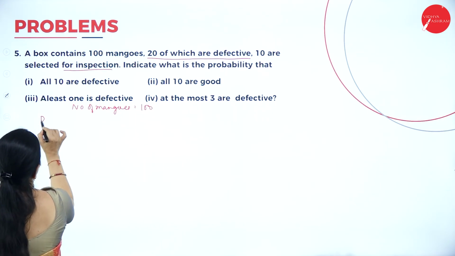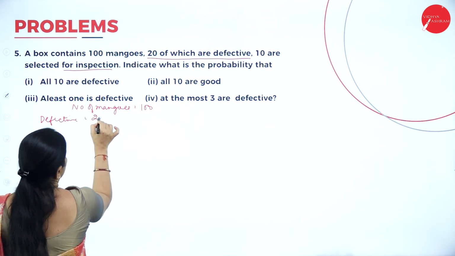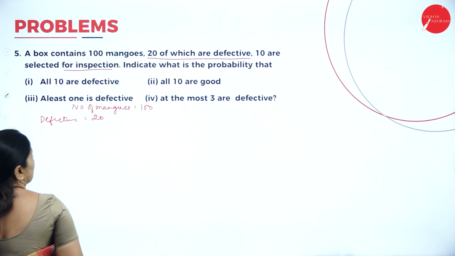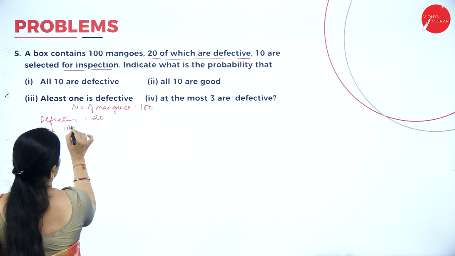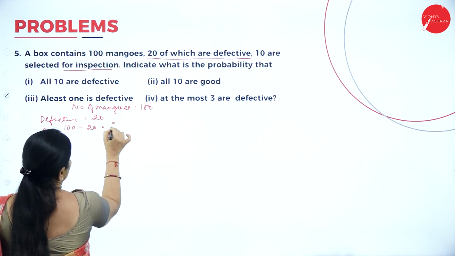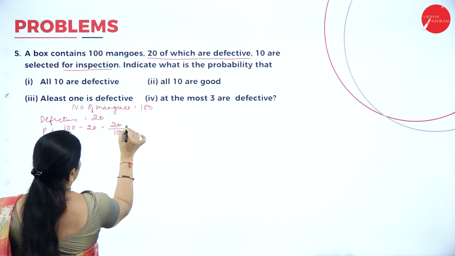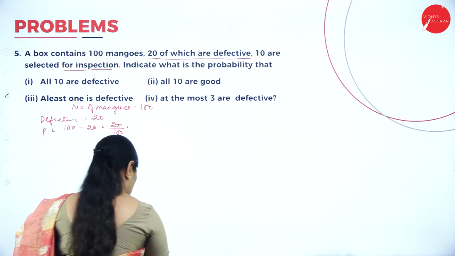Defective pieces, how many are defective? 20. So what will be p here? Out of 100, 20 are defective. So 20 divided by 100, that will be equal to 0.20.